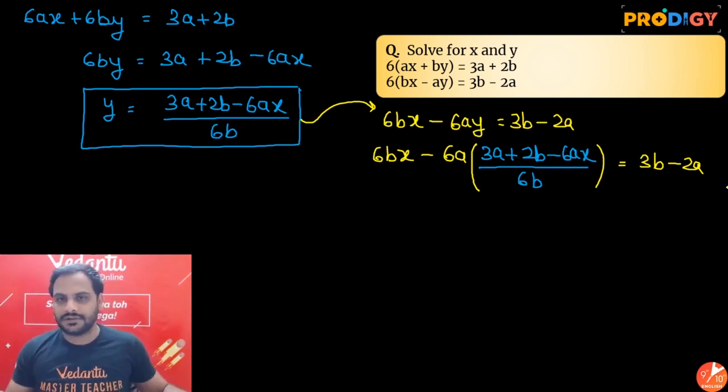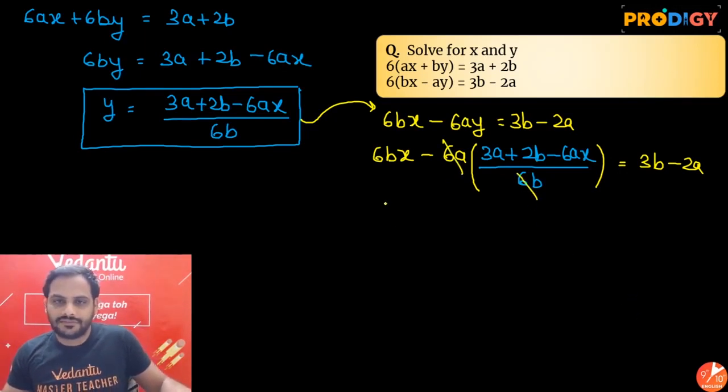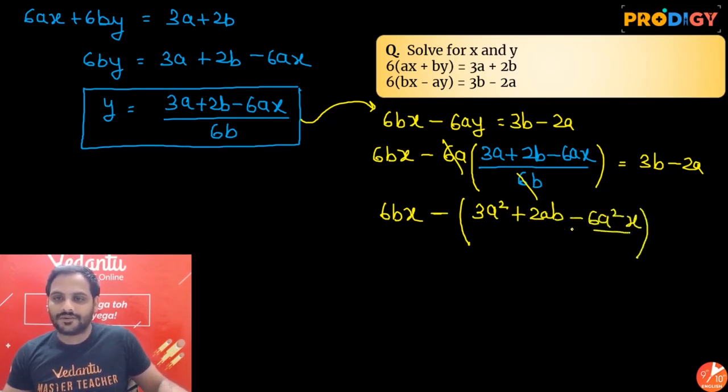The first thing I see is that 6 and 6 can be cancelled. So I have 6bx minus 3 times, here we have 3a square plus 2ab minus 6a square x, whole divided by b, is equal to 3b minus 2a.